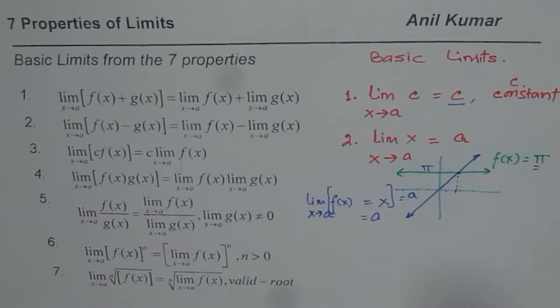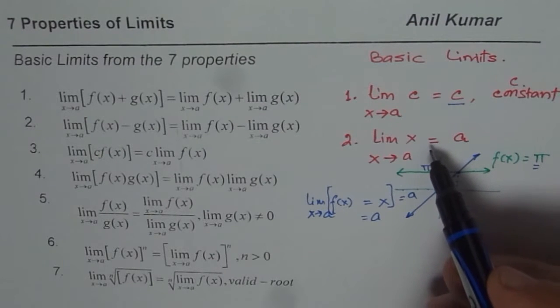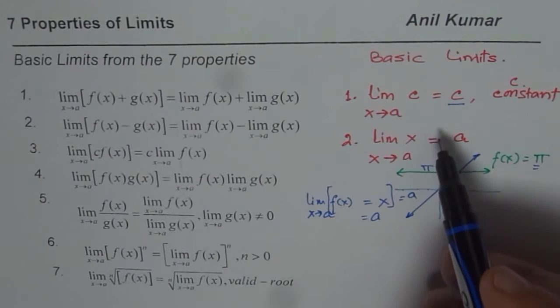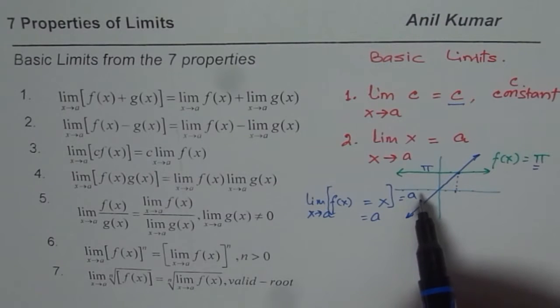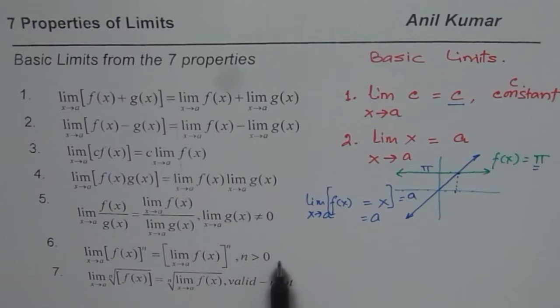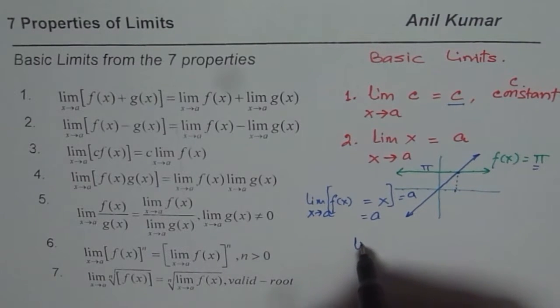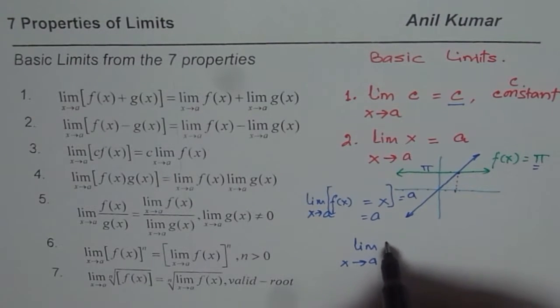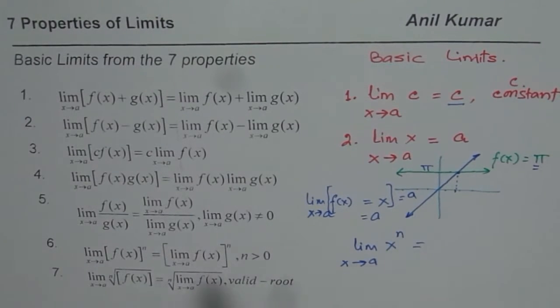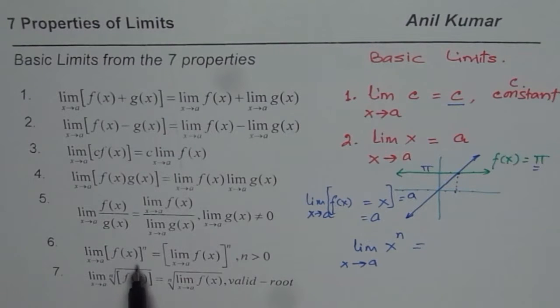Now using these two basic limits, we get other limits which are very helpful to find limits of other functions. We'll begin with these two, 6 and 7, and ask: what is the limit as x approaches a of x to the power of n? Using this property, the limit of a function to the power of n is its individual limit to the power of n.